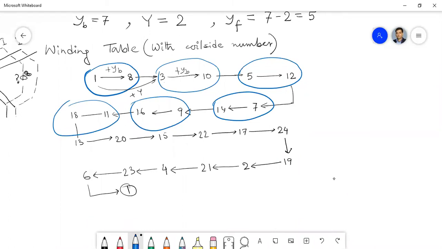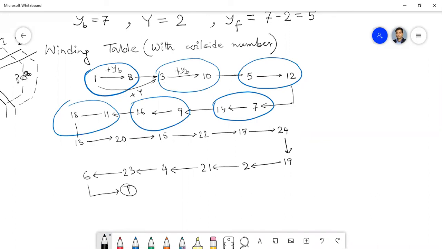Between two coils, there is a difference of plus Y. And between two coil sides of the same coil, there is a difference of back pitch YB.